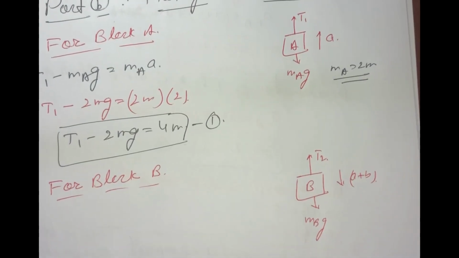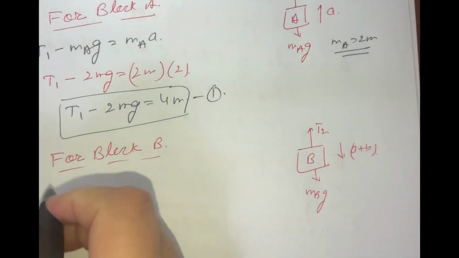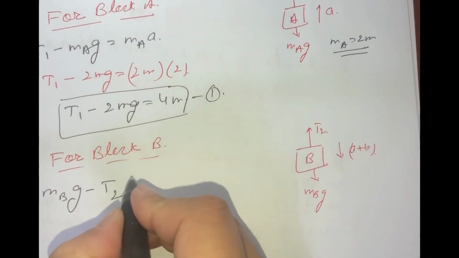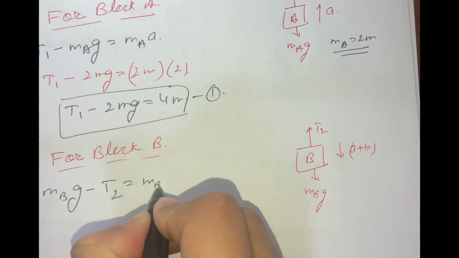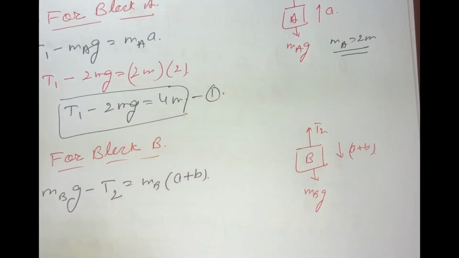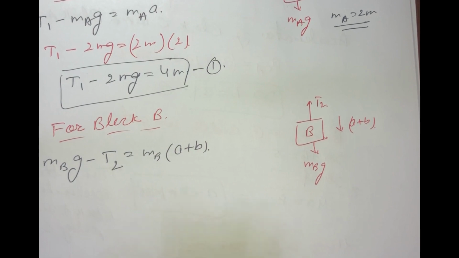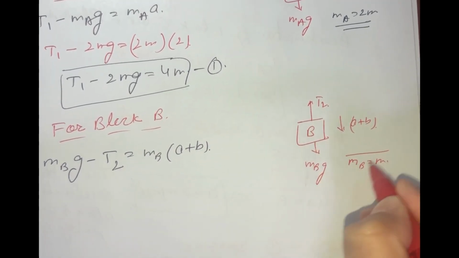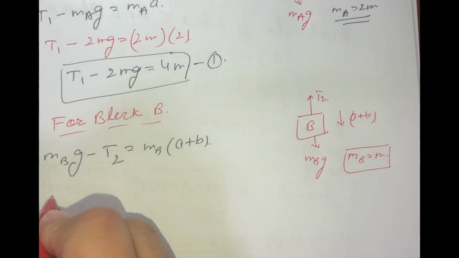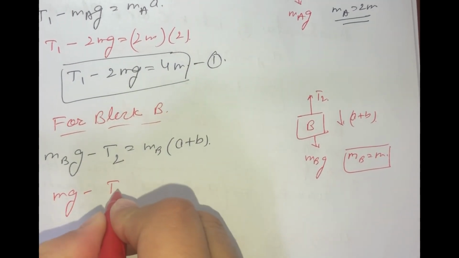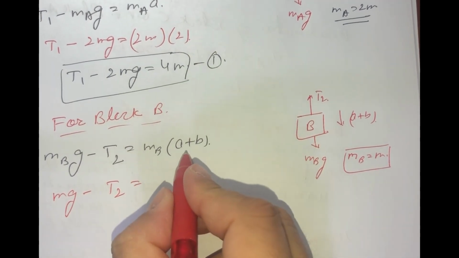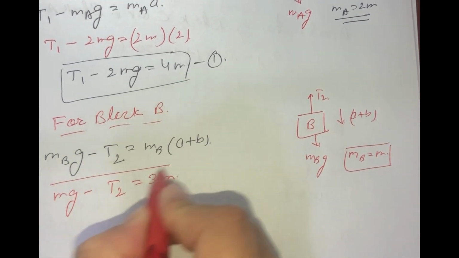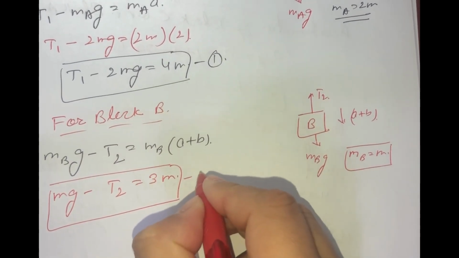So we can write the equation as mBg minus T2 is equal to mB multiplied by (a plus b), and mB is given as m. So we write this as mg minus T2 is equal to m, and a plus b is 3, so this is 3m. Equation number 2.